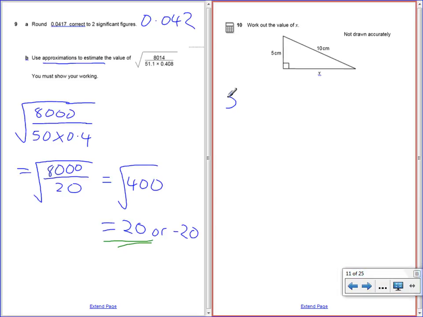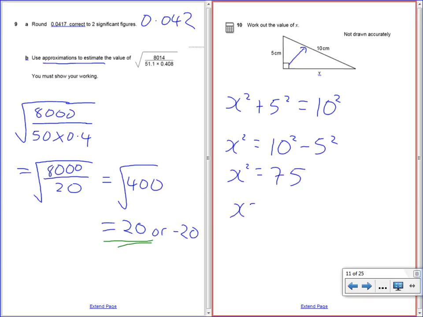That means x squared plus 5 squared equals 10 squared, because the hypotenuse is always opposite the right angle, which is 10. So that means x squared must equal 10 squared minus 5 squared. So x squared is 75, which means x is the square root of 75, which is 8.66 to 2 decimal places, 8.66 centimeters.